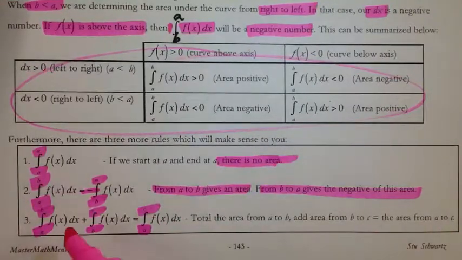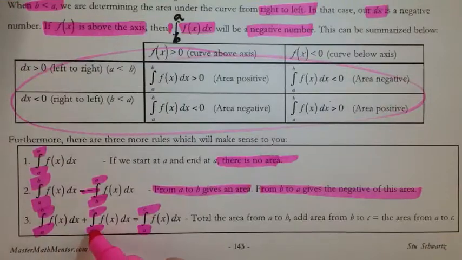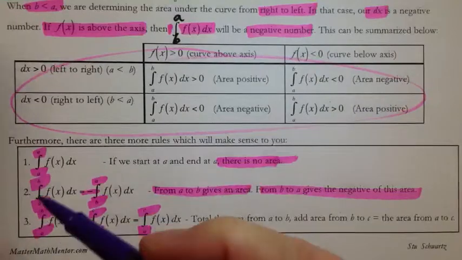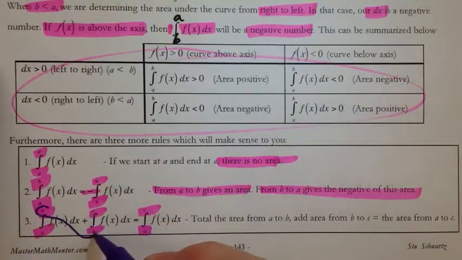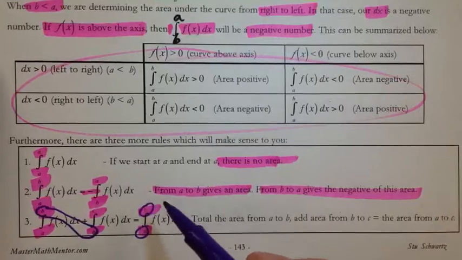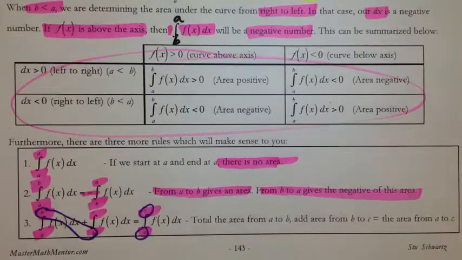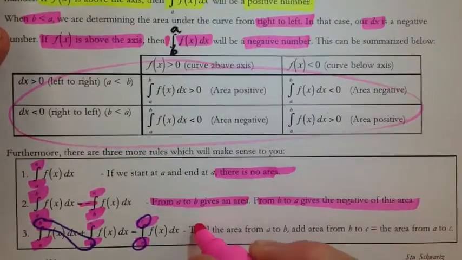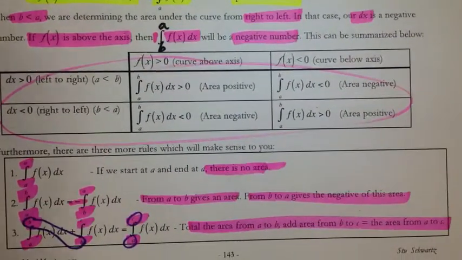The integral from a to b plus the integral from b to c, when the upper limit of one matches the lower limit of the other, is just the integral from a to c. So the total area from a to b plus the area from b to c is the total area from a to c. That's a lot of talking, so I'm going to stop this video so we can do some problems in the next video.